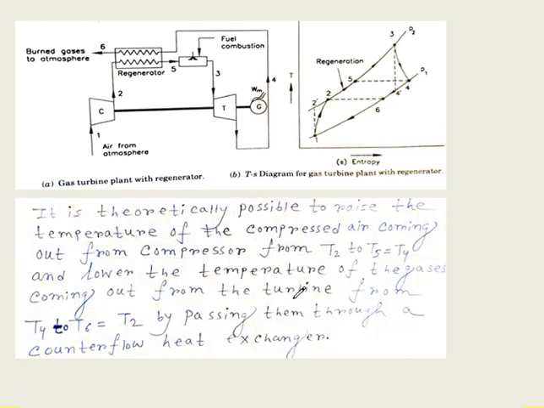It is theoretically possible to raise the temperature of the compressed air coming out from compressor from T2 to T5, that is equal to T4, and lower the temperature of the gases coming out from the turbine from T4 to T6, that is equal to T2, by passing them through a counterflow heat exchanger.